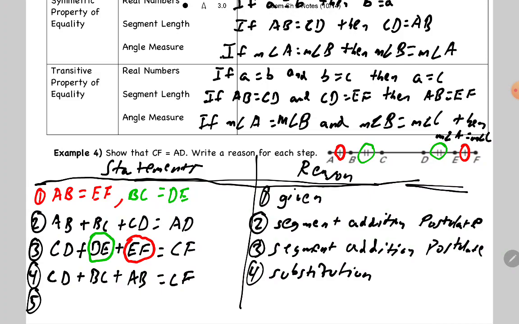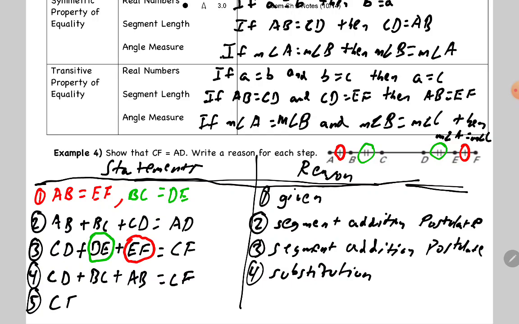Now, does the fourth line look like the second line? It actually looks almost exactly the same. Because I have AB, I have BC, and I have CD on the left side, they're all being added together, but I have AD equaling CF.